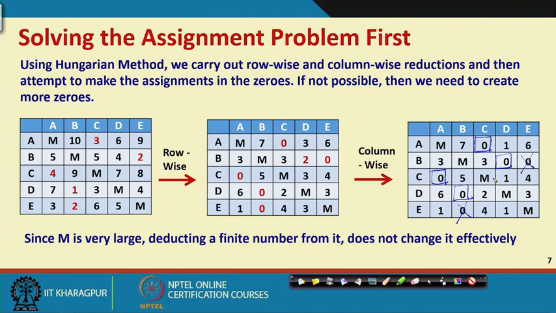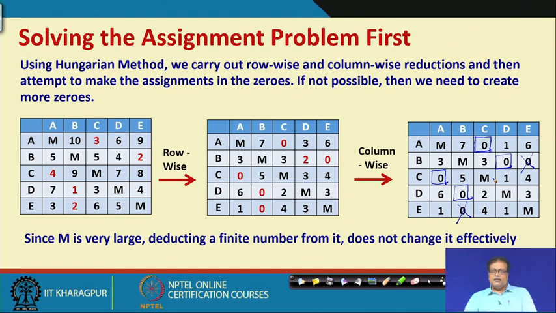How to create more zeros? By a clever method, by covering all the zeros and then do some matrix manipulation, so that more zeros are created and existing zeros are more or less not changed. So, what is that method? Let us see that.